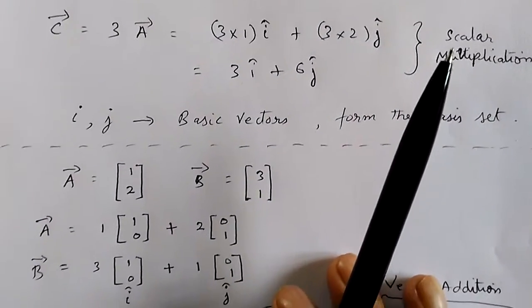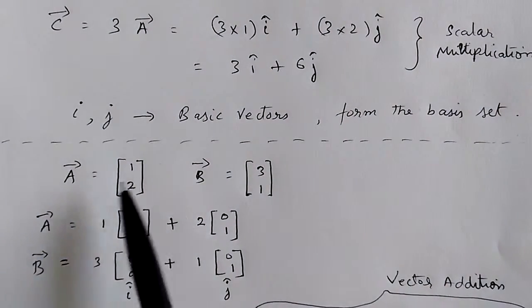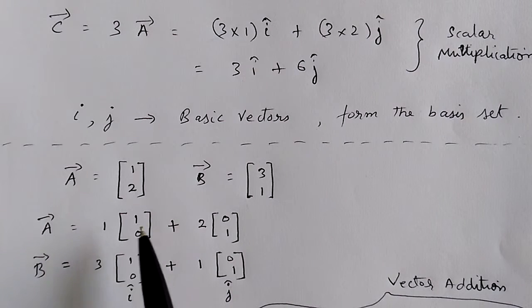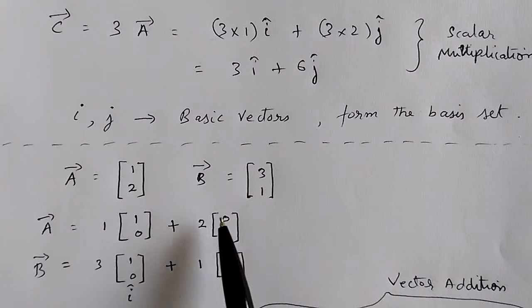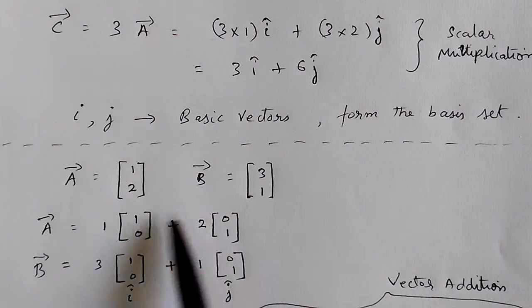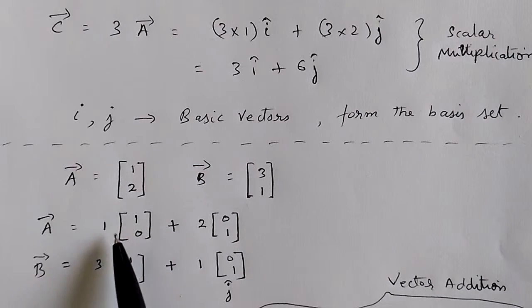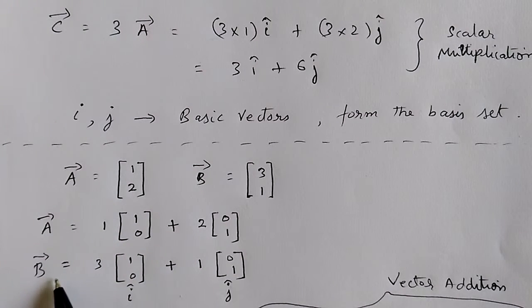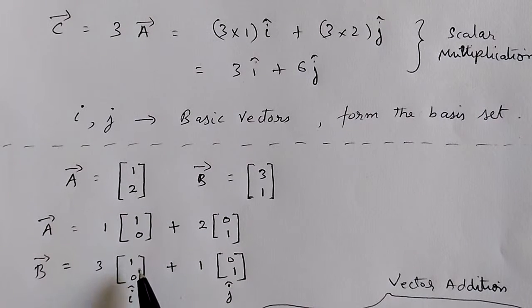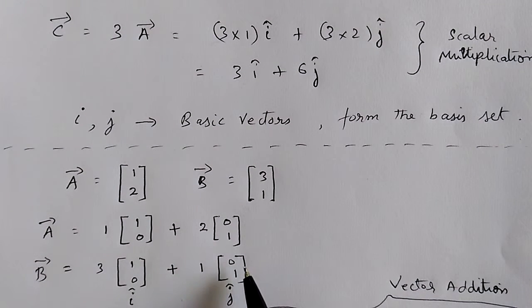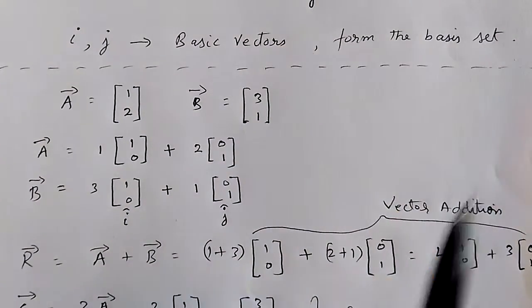I can represent A as a sum of 1 into (1, 0) plus 2 into (0, 1), and if you add them you'll get the same thing. So you can think of this as 1 i cap plus 2 j cap. Similarly, B can be represented as 3 into (1, 0) plus 1 into (0, 1), so 3 i cap plus 1 j cap again.